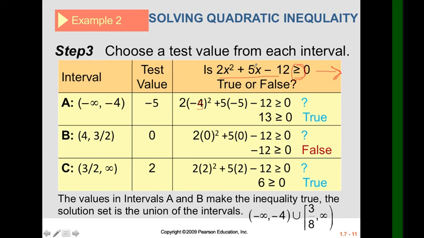So, for this portion, we have negative 5 squared, and that is positive 25, times 2, 50. We have 50. And then, 5 times negative 5, negative 25. Minus 12.